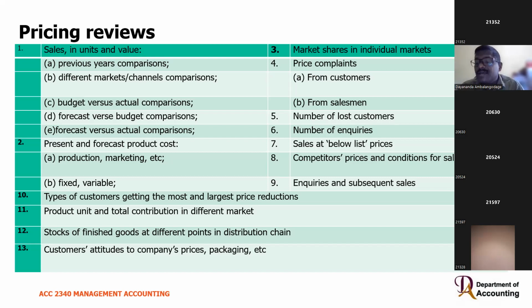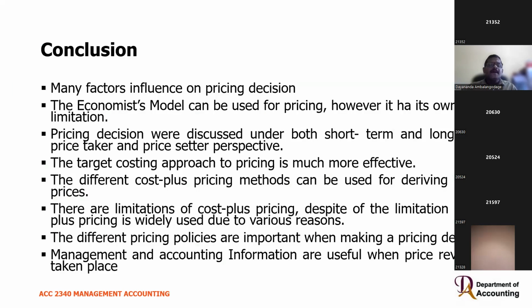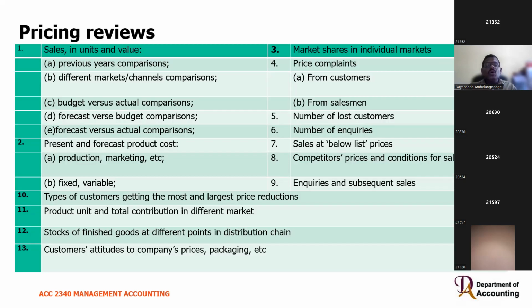You have to always worry about the competitors' prices and their conditions for sales, and inquiries and subsequent sales. Those are the pricing reviews which you have to undertake. So I think with that, the session is over.